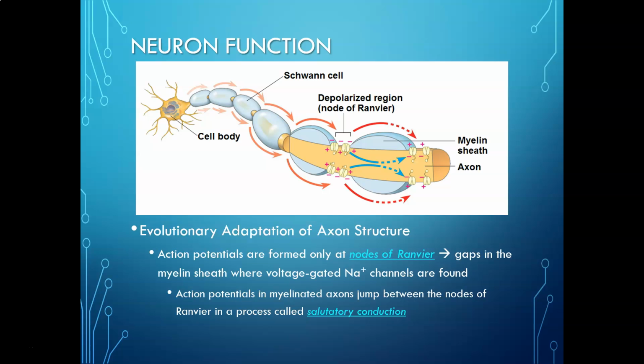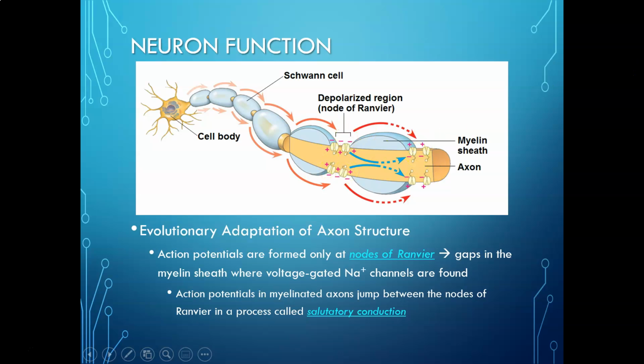And what they do is they allow those action potentials to only form at these things called nodes of Ranvier. So rather than needing to send that action potential through this entire stretch, it jumps past the myelin sheath cells, those Schwann cells, and only sends those action potentials here.